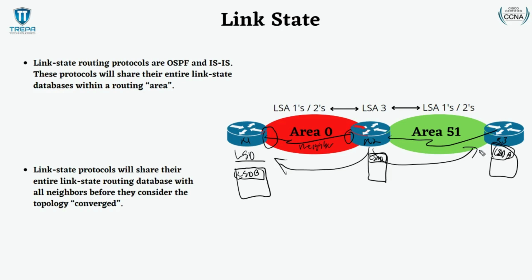Now we can start sending traffic to all the known routes. OSPF or ISIS is going to run what's called its shortest path first algorithm on this link state database, and then place all those routes into the global routing table, or routing information base. Okay?